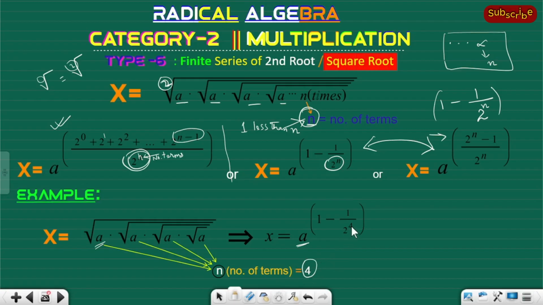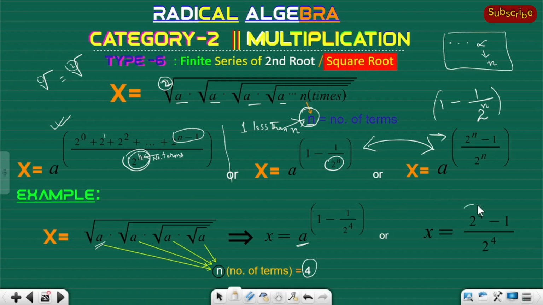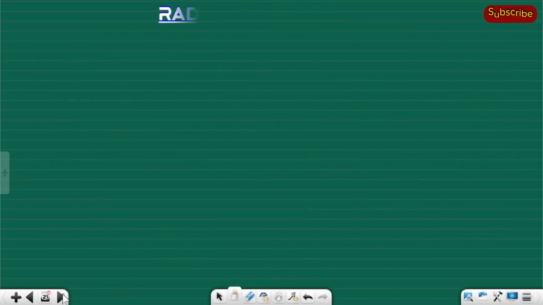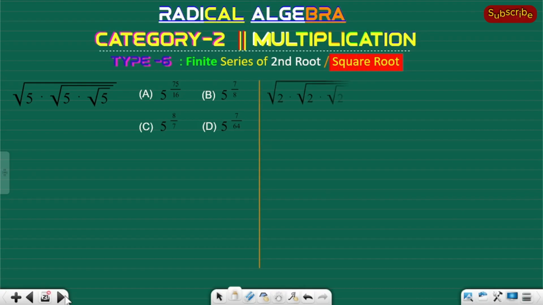So 2 raised to the power 4. Or we can write like this: 2 to the power 4 minus 1 by 2 to the power 4. If you take LCM, you will arrive here. This is easy, right? Let's do some examples, then you will understand easily. Let's do these two examples.